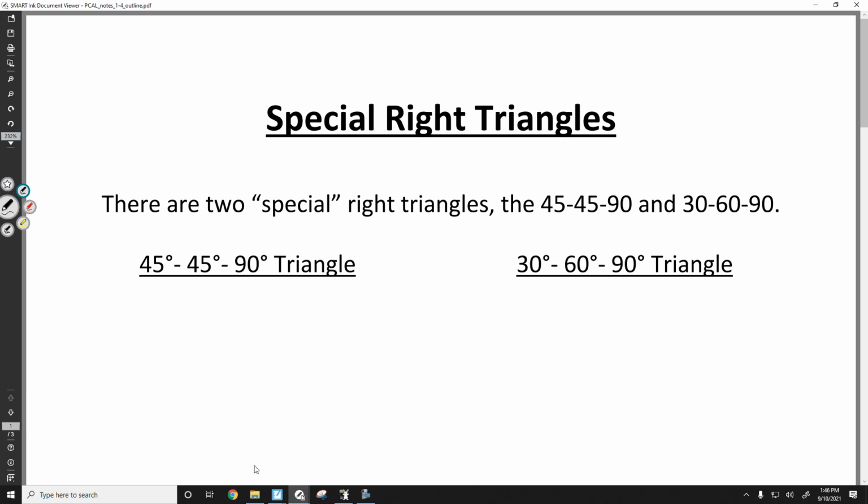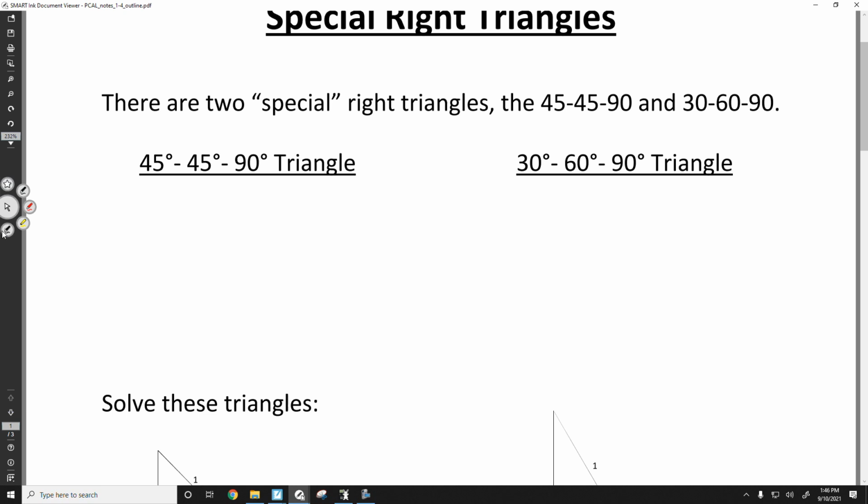The first triangle is a 45, 45, 90 triangle. Now, if you have a 45, 45, 90 triangle, what type of triangle is that? False, but close. Isosceles. We will have a shorter side that's the same as the other side and a longer side.